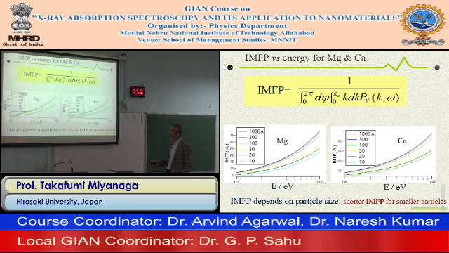In the case of EXAFS, up to 1,000 electron volts is the limit, so these values are limited to 30 angstroms. Usually, sometimes we approximate this curve with linear lines.